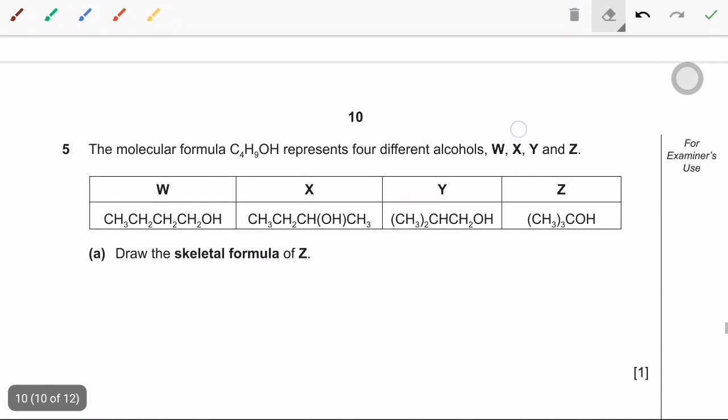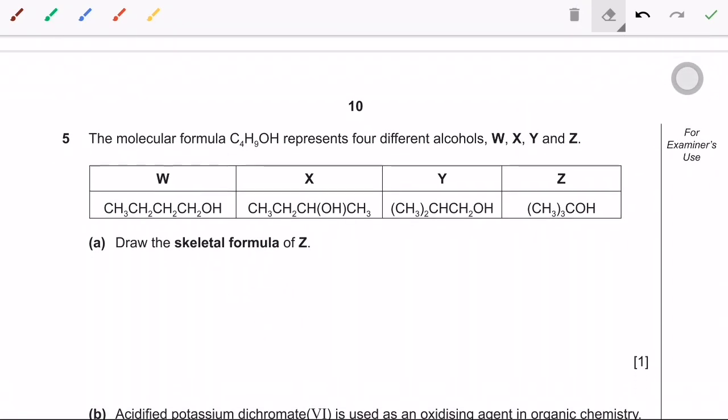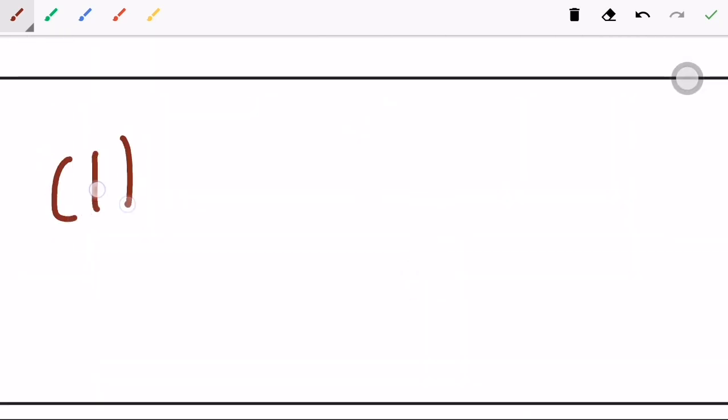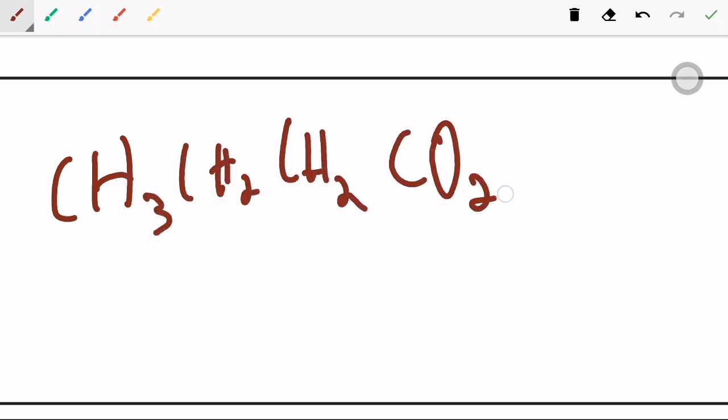So the CH2OH part will be a carboxylic acid. Let me start with W: CH3CH2CH2CO2H.